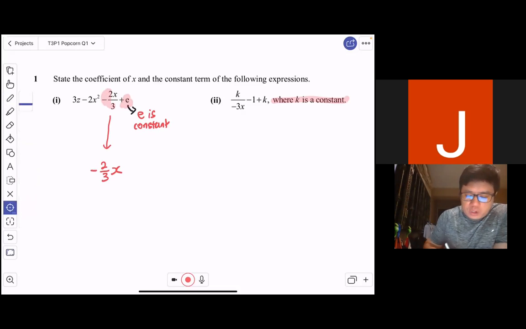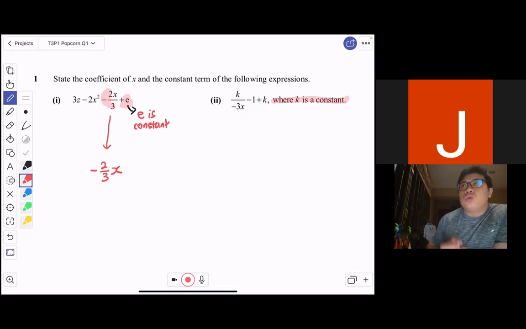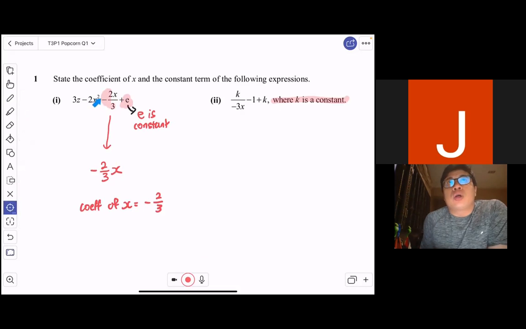Now, if it's a 2 over 3 and it is negative, the coefficient should be given as negative 2 over 3. Okay, and when you say the coefficient itself, we do not include the variable. So the coefficient of x here, we will just write the number itself that comes with the variable. So the coefficient of x is negative 2 over 3.